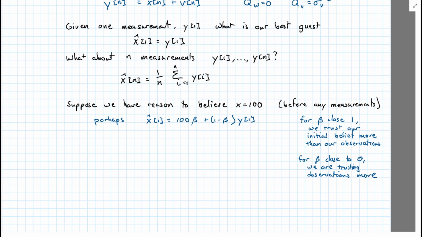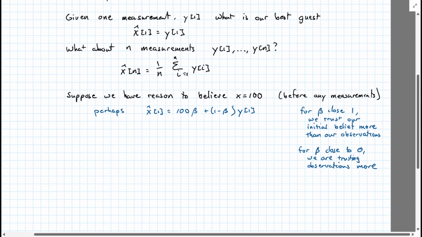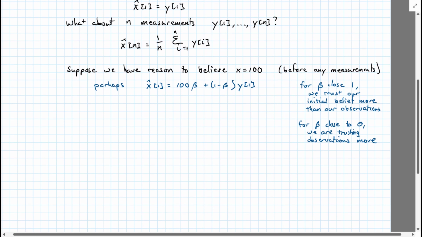So over time, as long as beta does not equal 1, this will eventually turn into the exponentially averaged observations, and kind of approximate what we had right above, except that once again it's exponentially averaged instead of just a straight up average. Okay, so those are different ways we could approach this.